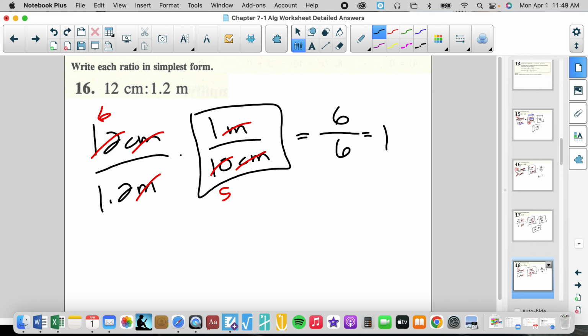Is that 1 over 1, which equals 1, or 1 to 1? What number is that? 1 to 10. Where did I make my mistake? Centi, 100. Found it. 100 centimeters, Mr. McCausland. 100 centimeters.